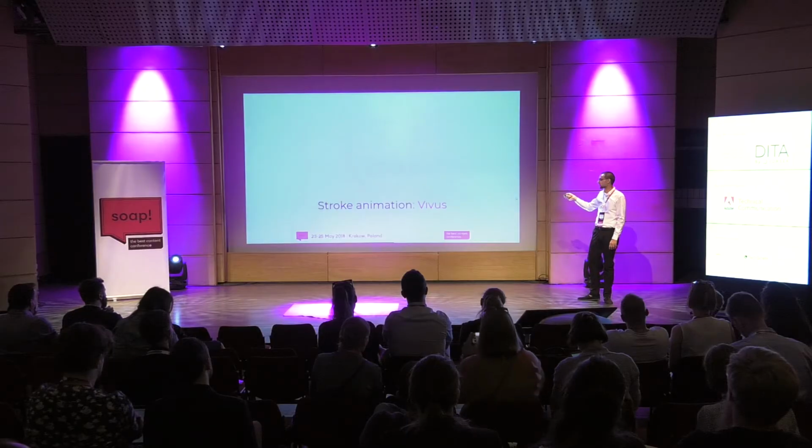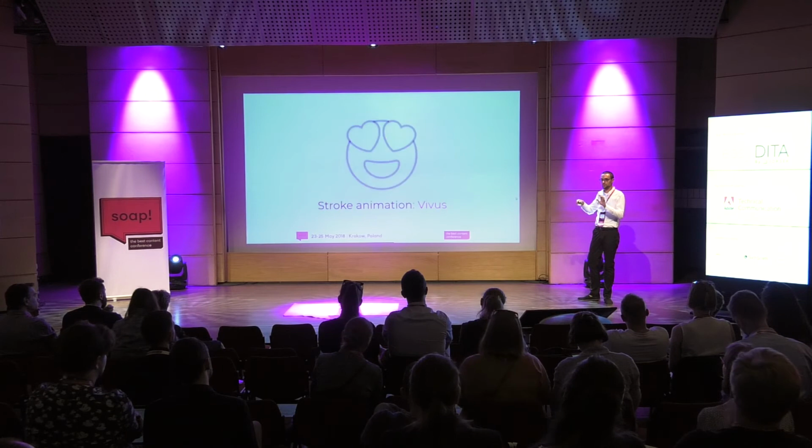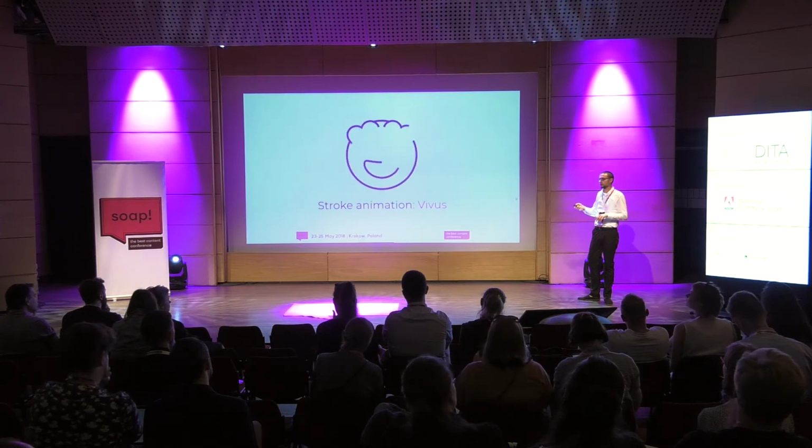It's just a path, a shape that has a stroke. You go to this Vivus web page. I'm not showing you the actual page, but you just drop in the SVG and the page automatically creates that animation by tweaking around with stroke styles.